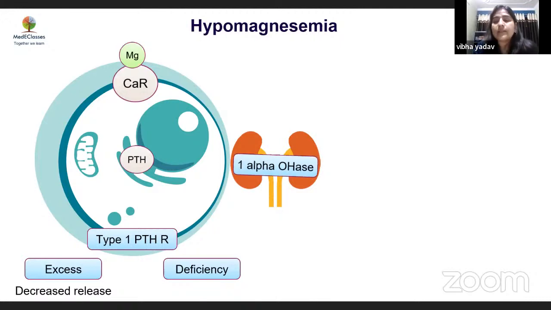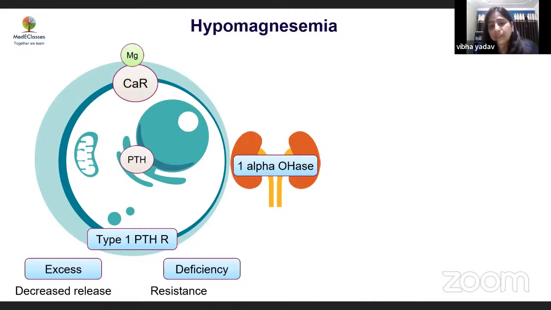But when there is a very low level of magnesium, like in severe hypomagnesemia, it causes a defect in the calcium sensing receptor and then decreased secretion of PTH. So whether the magnesium level is high or low, in both ways it will impair PTH secretion and cause hypocalcemia.